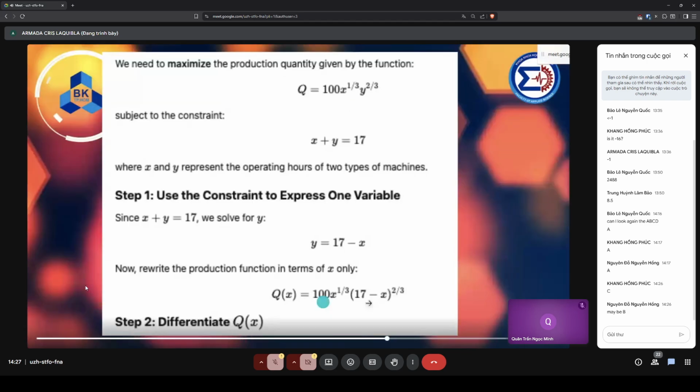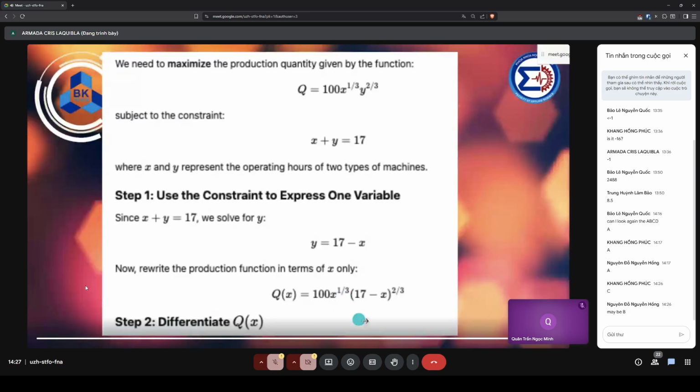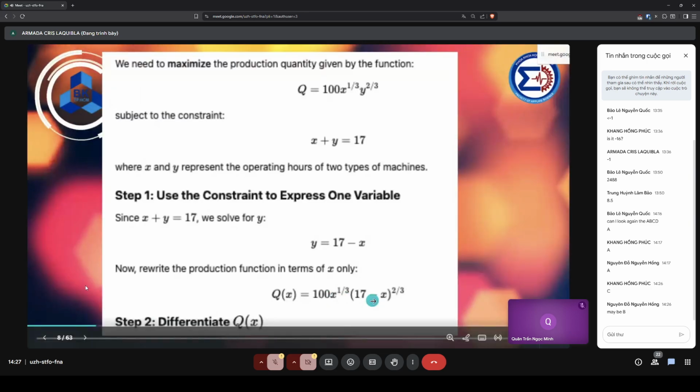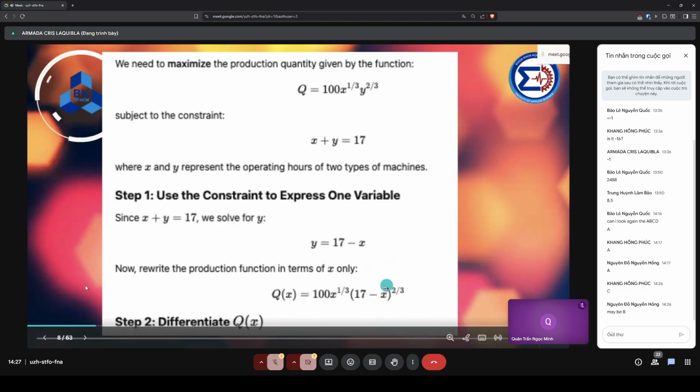And now, as I have told you, next step is you have to get the derivative of your q with respect to x. Okay, this is a product of two terms here, so you will apply the product rule. First we have 17 minus x to the power 2 over 3, and then x to the power of 1/3. You can write the 100 at the side and just take the derivative of these two terms.